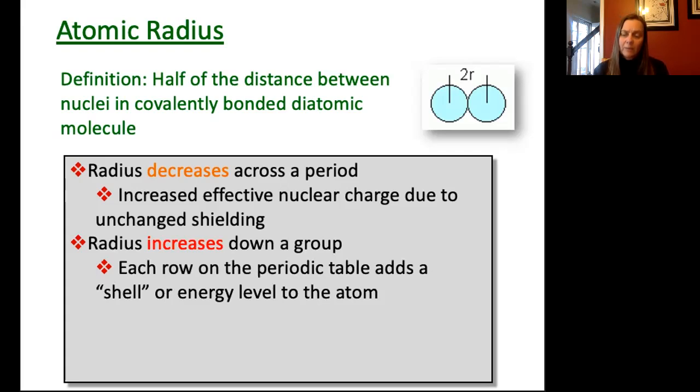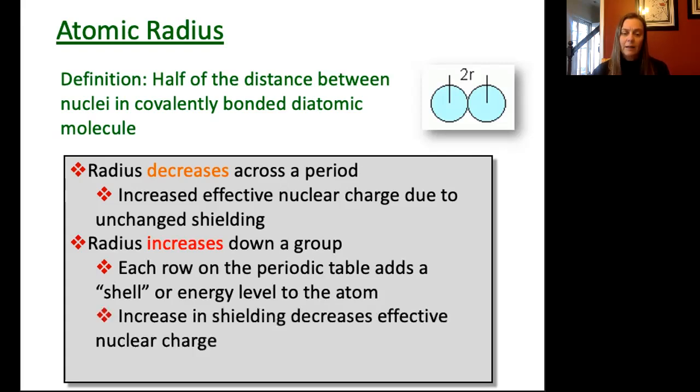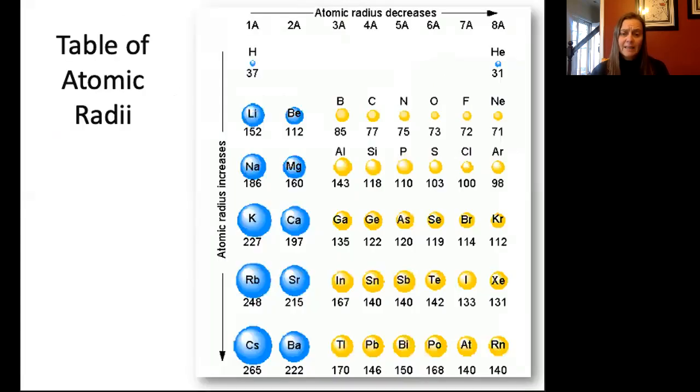But as we go down a group, because we're adding those energy levels, we are increasing the radius because those inner electrons increase shielding that decreases effective nuclear charge. And so we can see that if we actually look at atoms, as we go across the table, this atomic radius decreases. And as we go down the table, the atomic radius increases.